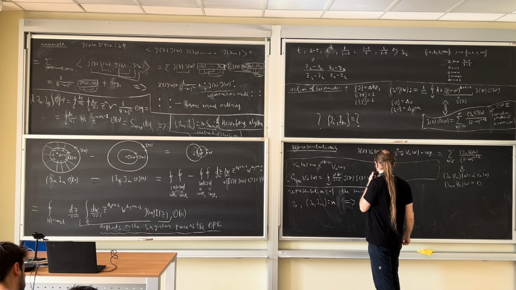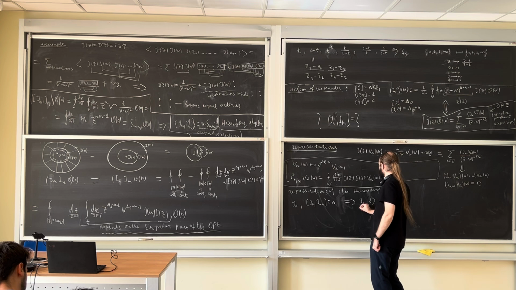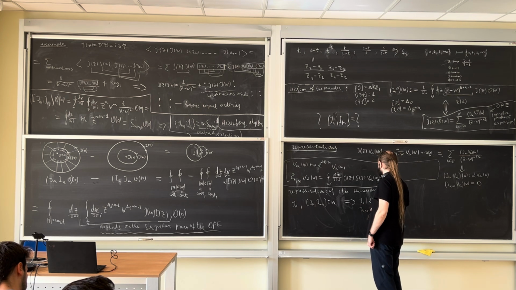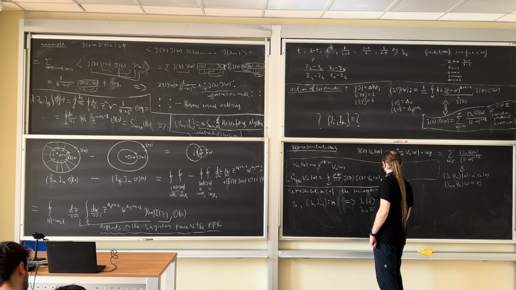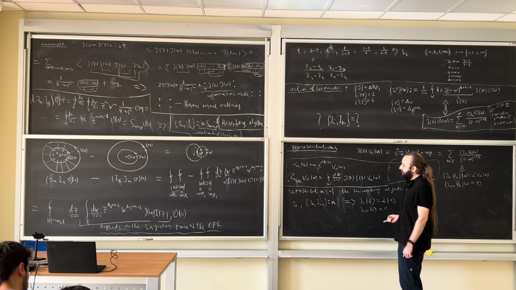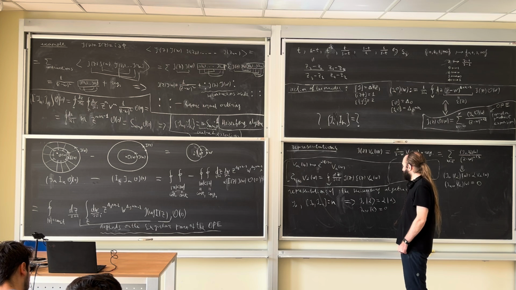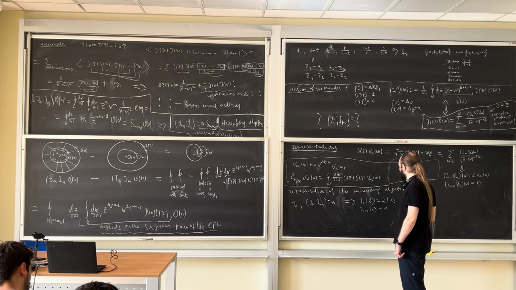J_n with positive indices are annihilation operators, they act by 0. And J_n with negative indices produce some new vectors in this representation.